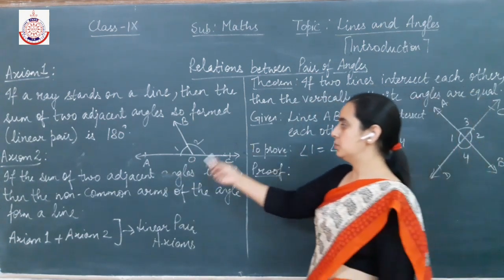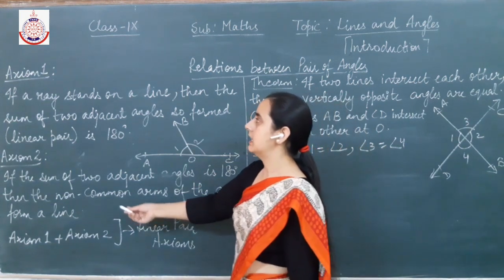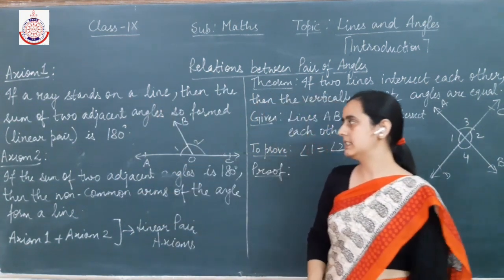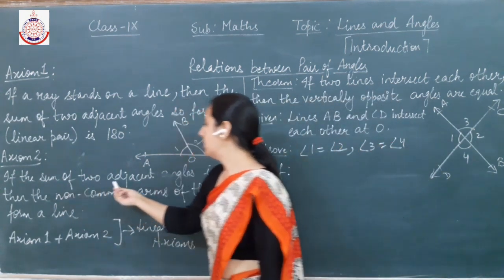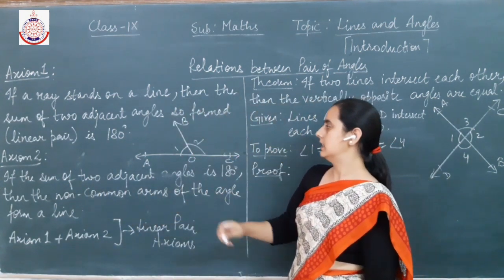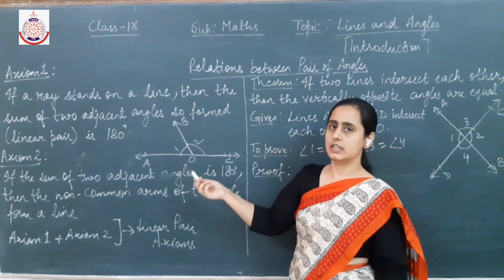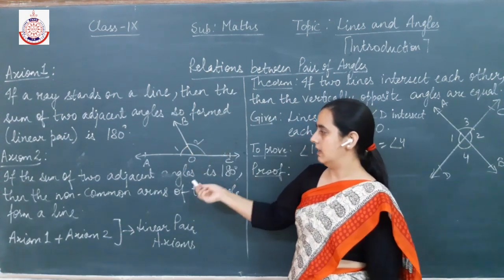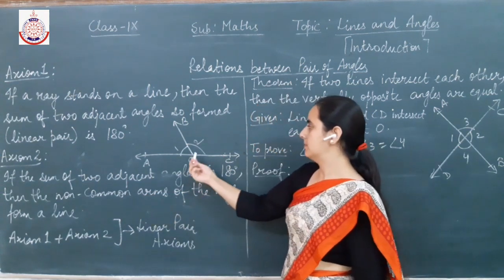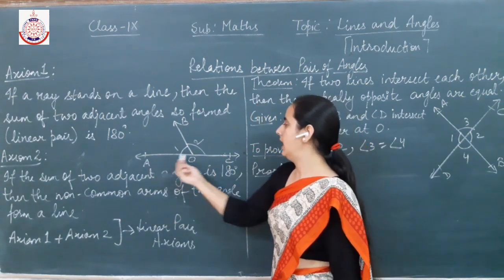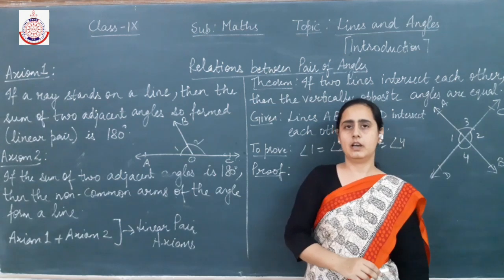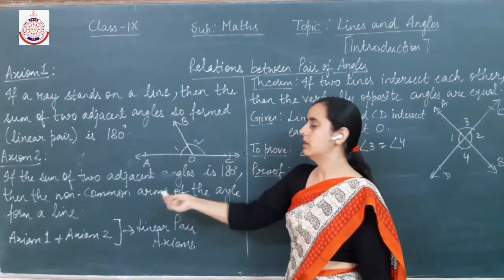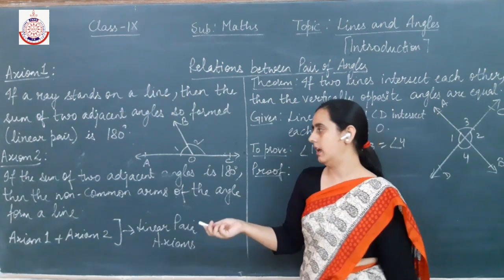Now axiom 2. Axiom 2 is basically the opposite, you can say the converse of axiom 1, which says if the sum of two adjacent angles is 180 degrees. Now the given condition is that angle 1 plus 2 is 180 degrees. Then I can say the non-common arms, OA and OC, are forming a line, or you may say a straight line.